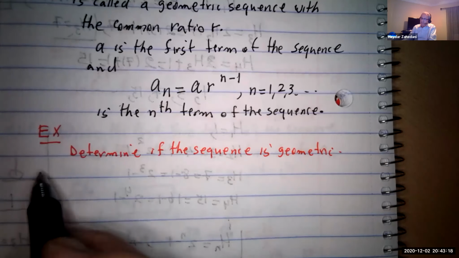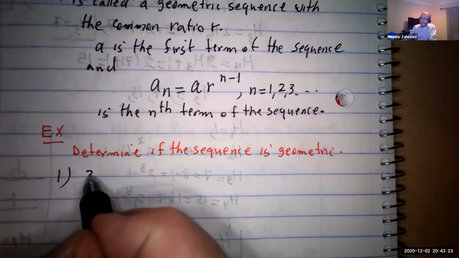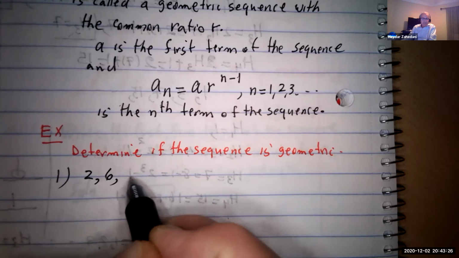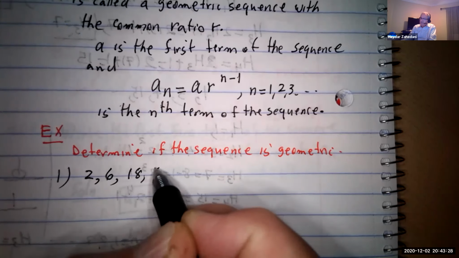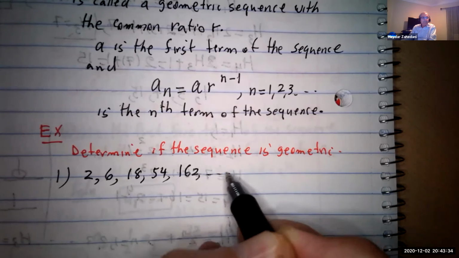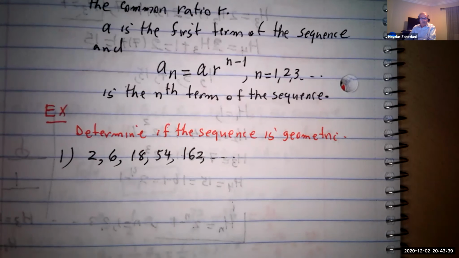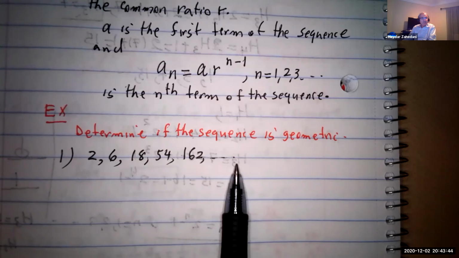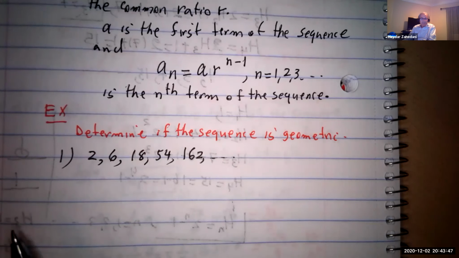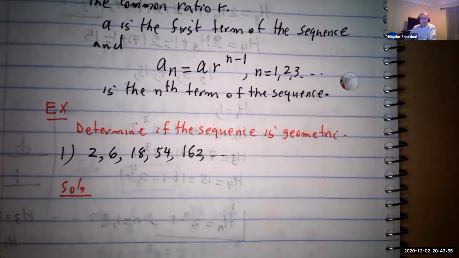You see this one? So you'll be given 2, 6, 18, 54, and 162. You have quite a lot in your book. You have to check all the given numbers to make sure that this is a geometric sequence. The ratio of each two consecutive terms must be the same. So we're going to check to see if this is the case. This is the way you're going to check it.